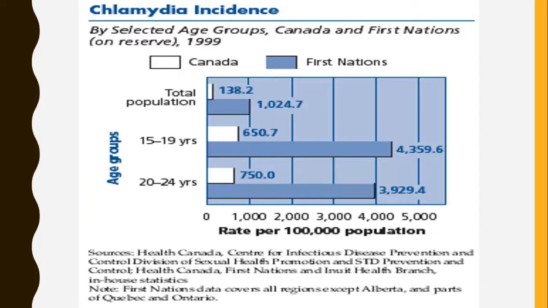This graph is really useful when you're comparing two quantities. This one is comparing Canada to First Nations, and these are a bunch of different categories. So age is our independent variable, and the rate per thousand population is a dependent variable.